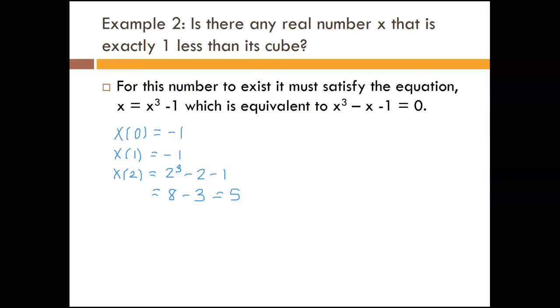So now my graph: we have at 0, -1, at 1, -1, but at 2, we jump to 5. So I have no idea what this graph is doing between 0 and 1, 1 and 2. What I do know is that the graph maybe connects them. I know it connects them.